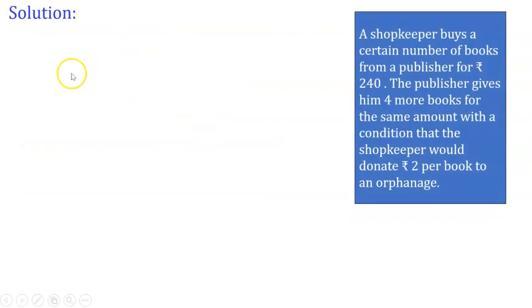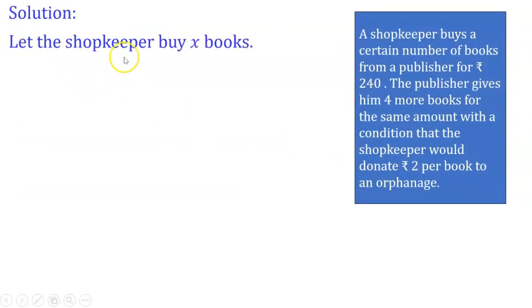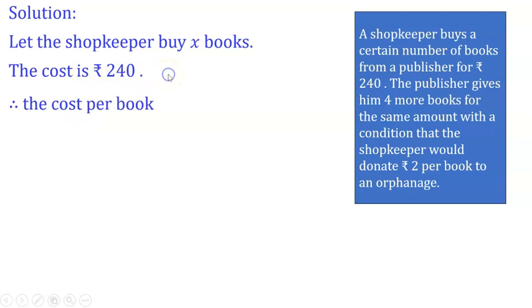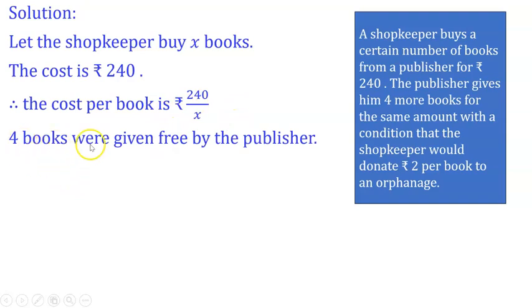Let's see now the solution. Let the shopkeeper buy X books. The cost is rupees 240. Therefore, the cost per book is rupees 240 upon X. 4 books were given free by the publisher with the condition that the shopkeeper would donate rupees 2 per book to an orphanage.